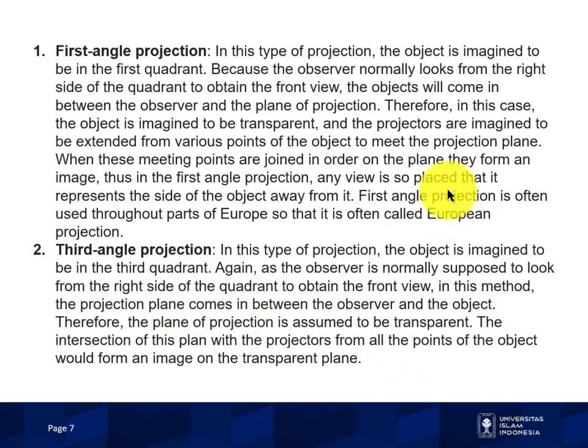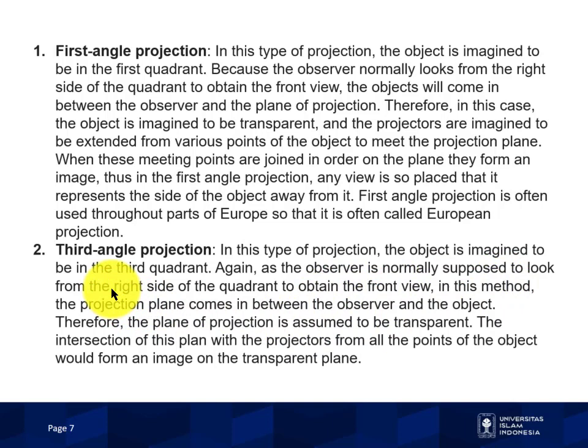In this type of projection, the object is imagined to be in the third quadrant, again, as the observer is normally supposed to look from the right side of the quadrant to obtain the front view. In this method, the projection plane comes in between the observer and the object.